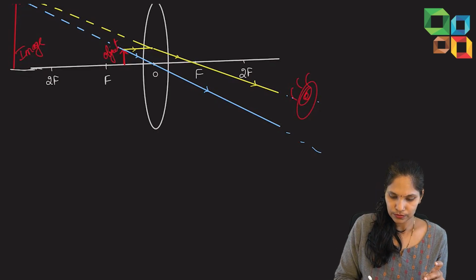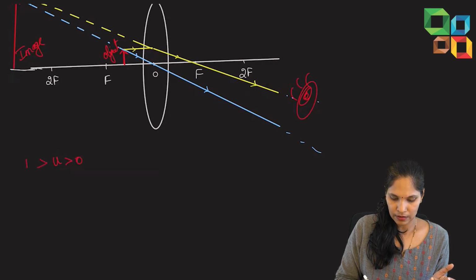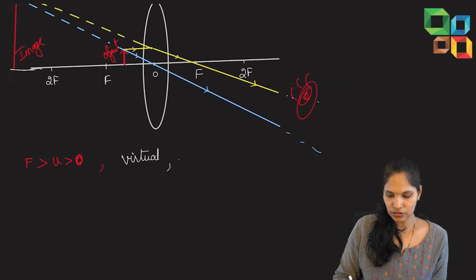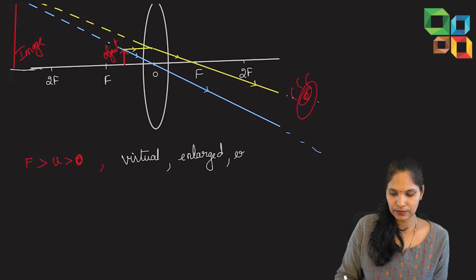Okay, so if you have the object between the optic center and the focus, this is O, optic center and focus, then you get an image which is virtual, enlarged, and erect.